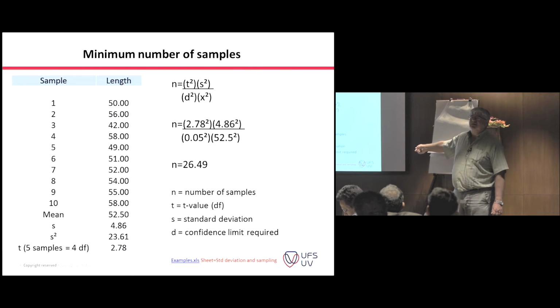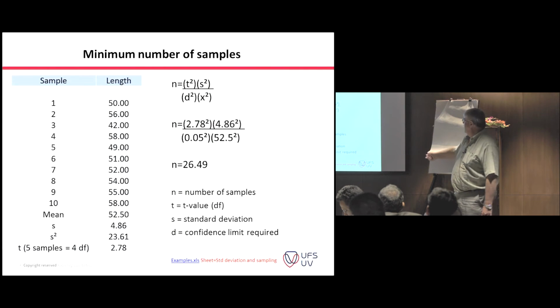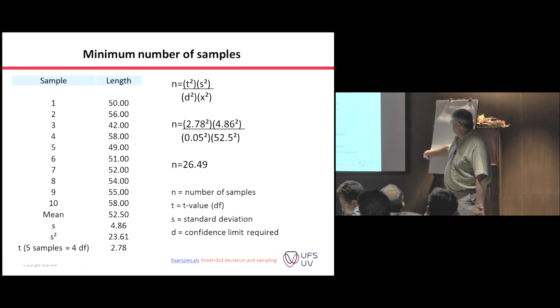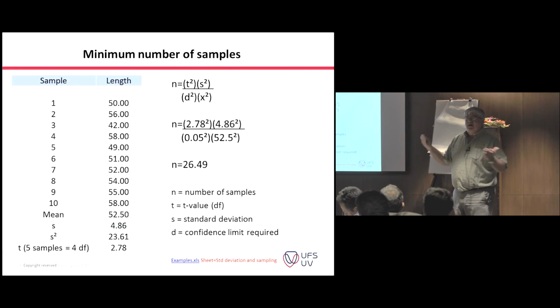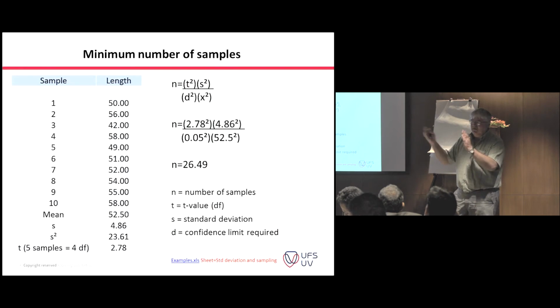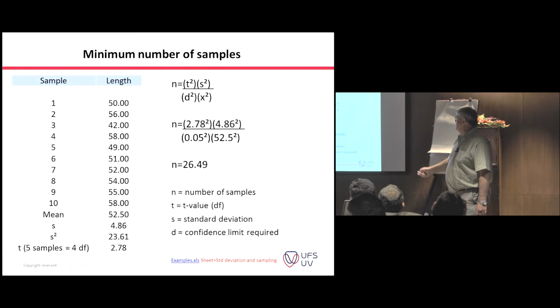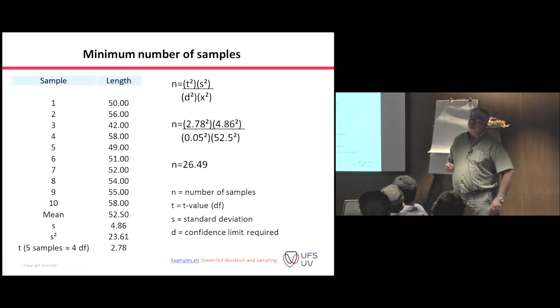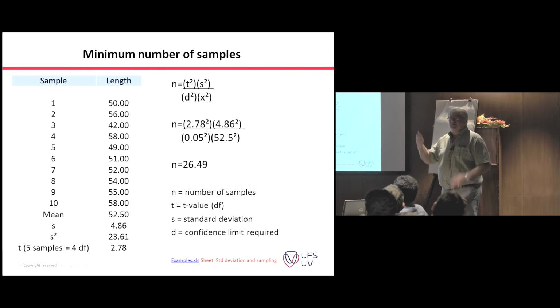So in other words, I'm 16 units short on my sample. So if I want to reach a level of accuracy, I need to actually take 26, make it 27. You can't take half a sample. Okay. And I will then be within a reasonable estimate of the minimum number of samples I need for an accurate evaluation of whatever I'm measuring.